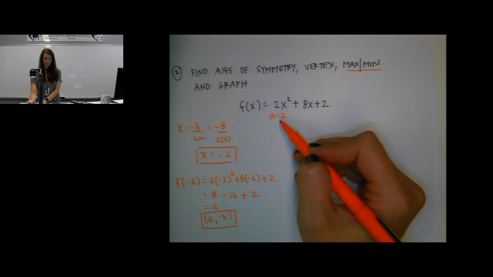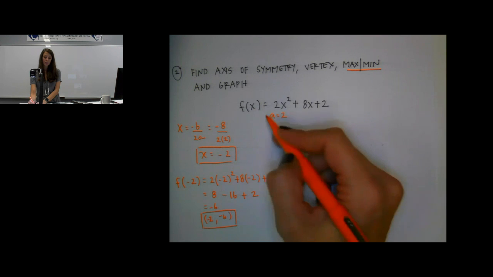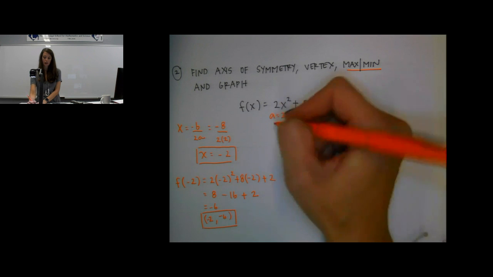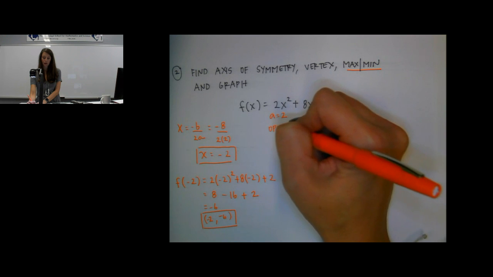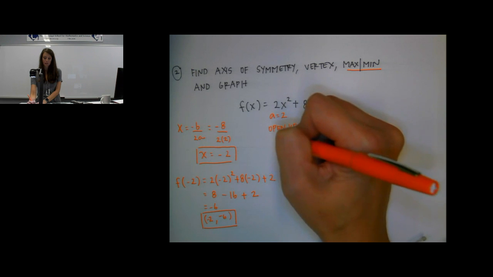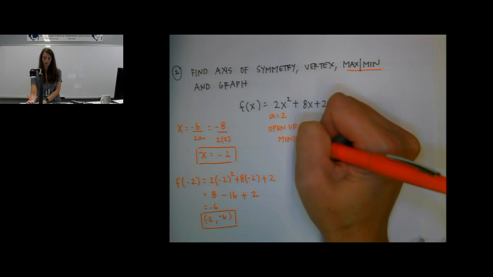So what does that mean? It's a positive 2, and so it's going to be opening up, right? So the graph of it will be opening up. So that means I'm going to have a minimum point.